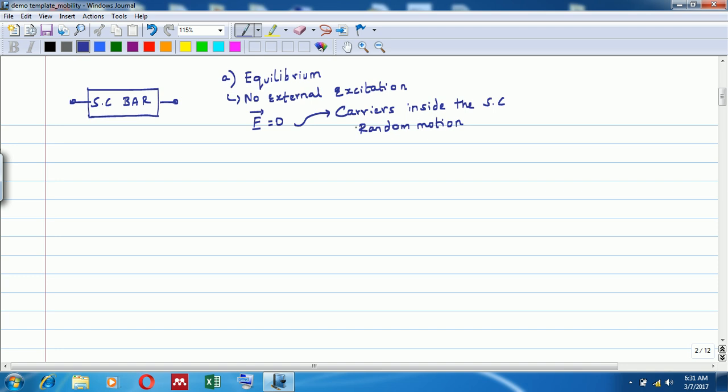This is because of the thermal energy which is there, because of the room temperature. But this random motion won't contribute for current or any conduction, because the net flux in this case is equal to zero, hence they do not contribute for conduction.